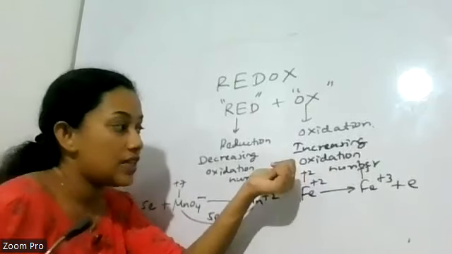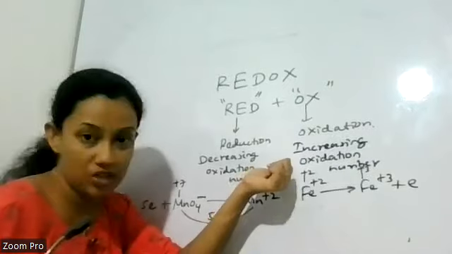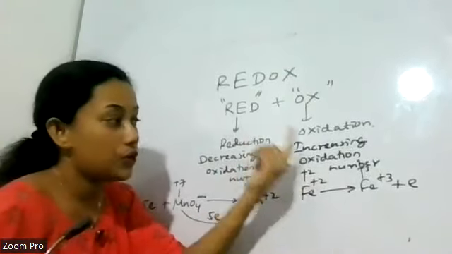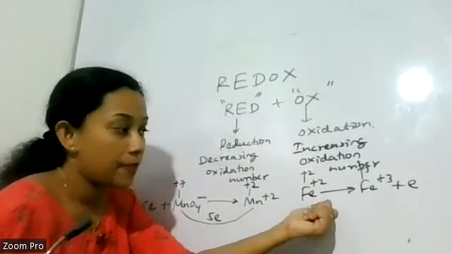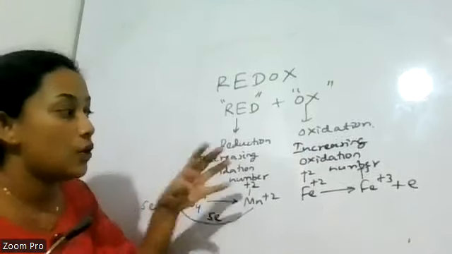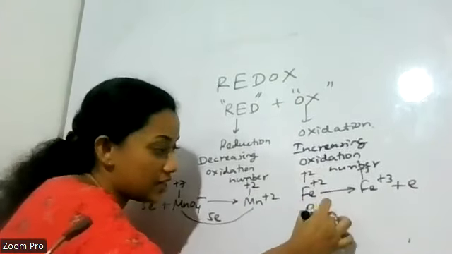And the oxidation-doing species is called the reducing agent. Due to the oxidation of this species, it helps to reduce the other species. Therefore, normally the oxidation-occurring species we call reducing agents.